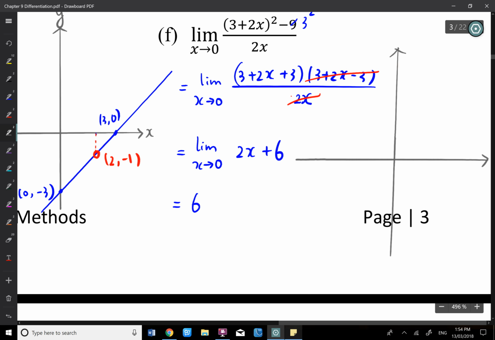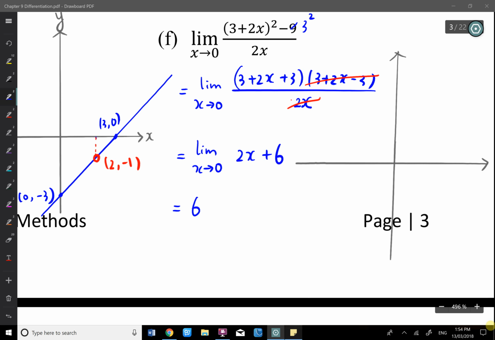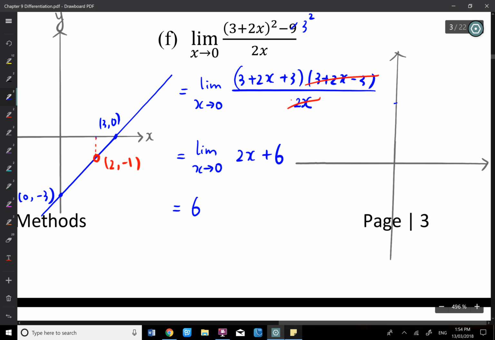Okay, well, let's sketch that one. That would be the graph, but there's an open circle here at (0, 6). So that point is (-3, 0), a closed circle, but here is an open circle.